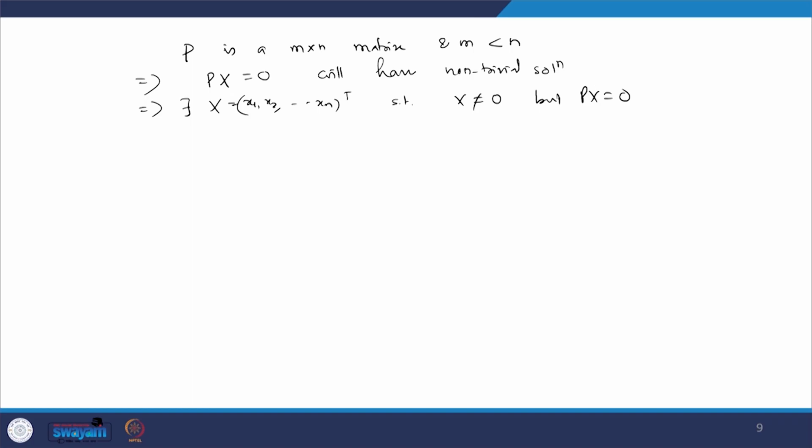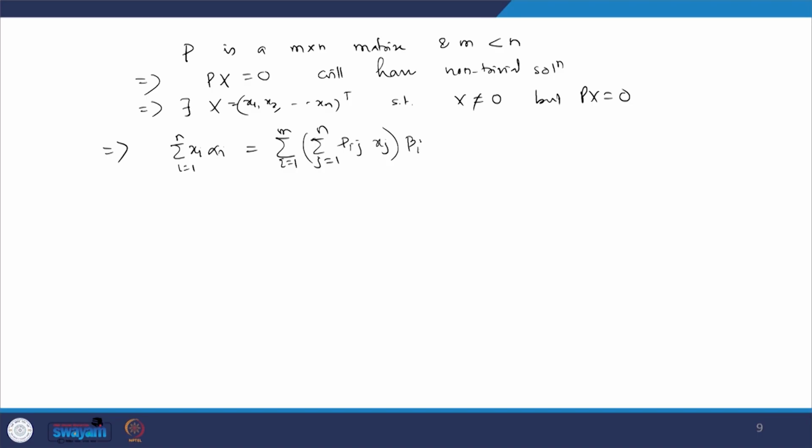So this implies that the sum of xj alpha j, for j equal to 1 to n, is equal to the sum over i equal to 1 to m of the sum over j equal to 1 to n of Pij xj, times beta i.